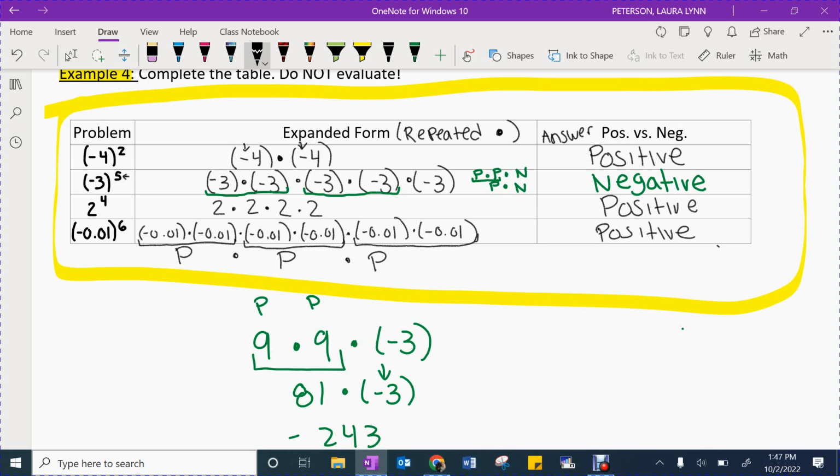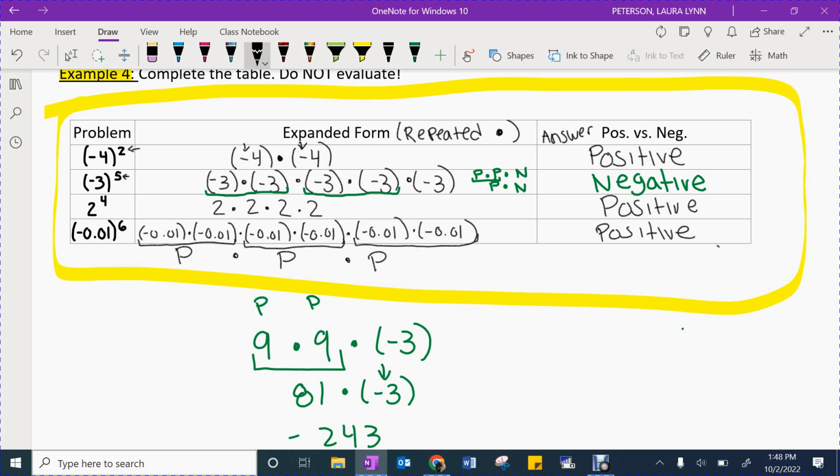Now, I want to know, do you think there's a relationship between the exponents and whether our answer is positive or negative? If you look at all these exponents, it doesn't matter what the bases were, look at the exponents. On the first one, we had an even exponent.